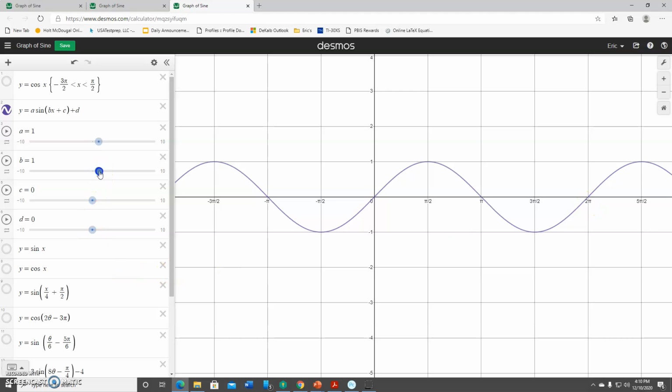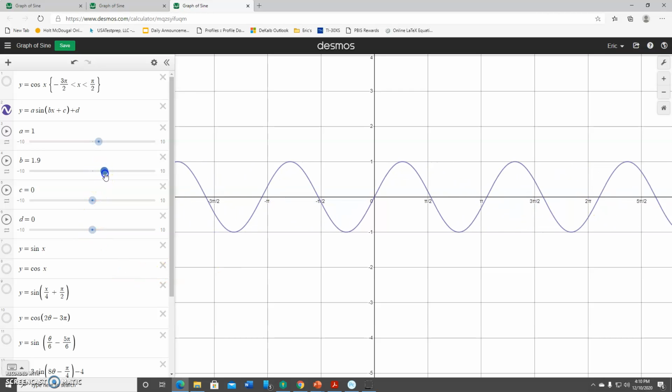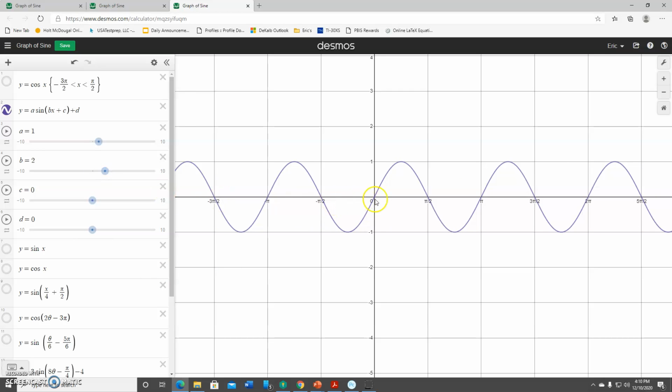But as I increase B, let's put B at 2. When B is 2, yes, it looks like it compressed, but from here to here is one cycle, and here to here is a second cycle. So what that 2 is telling us is that we're going to have 2 complete cycles within that normal distance of 2 pi.